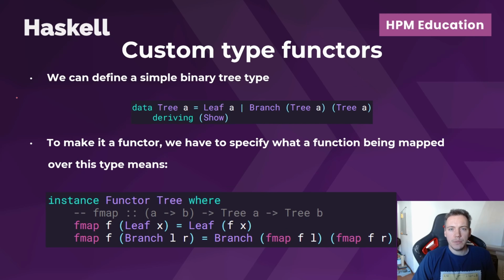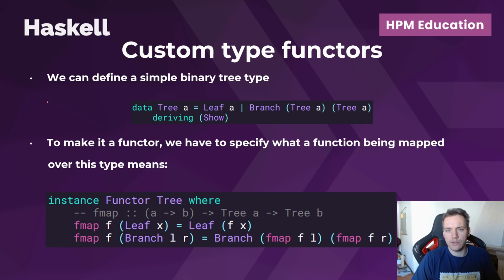We looked at the maybe type, which is a predefined type in Haskell, and how it is made into an instance of the Functor type class. In other words, what function mapping means for that type or data structure. So now the question is, how can we make our own types into instances of the Functor type class? And the principle is the same.